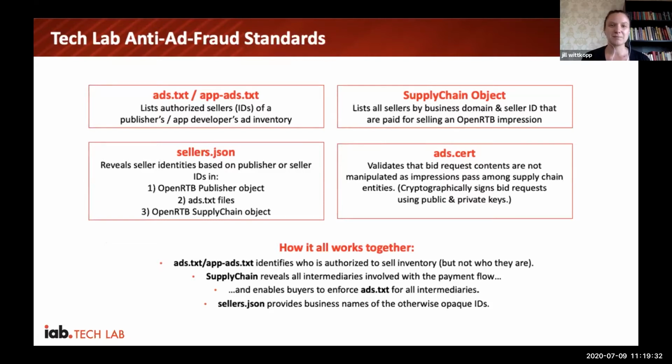The reason I'm not going to go through that: that is a way to cryptographically sign bid requests that gives much more assurance of the sender of the request and receiver.